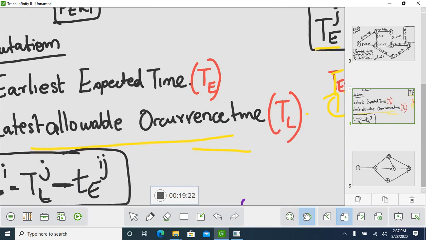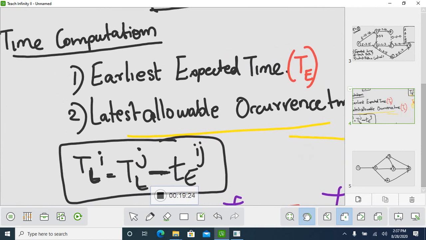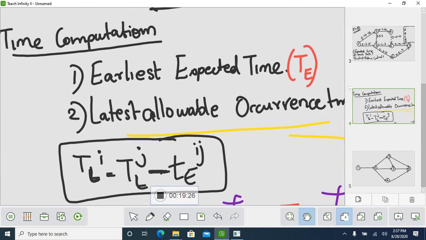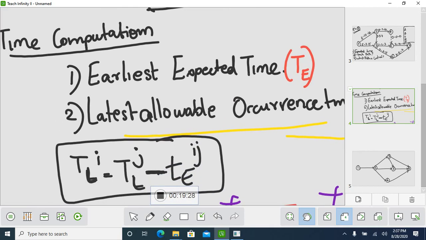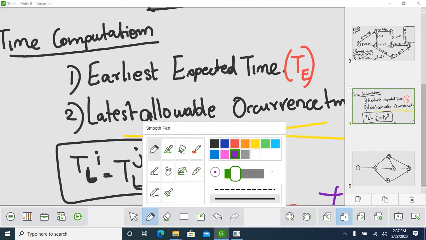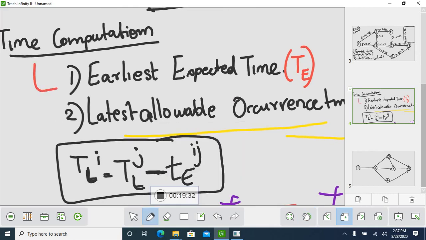Formulas are very important. In time computation you have two techniques: earliest time and expected time. The formula is the same as I have given. So are you all clear? Shall we move to one small problem?